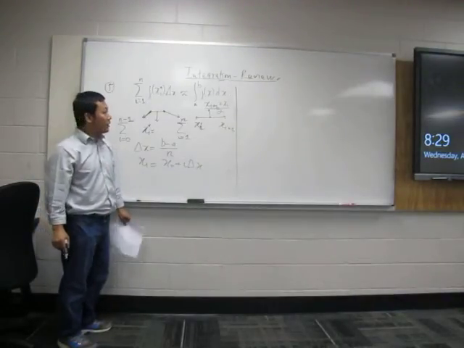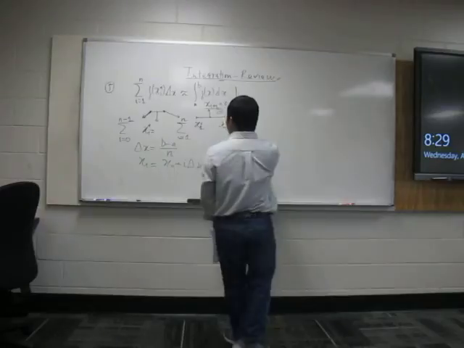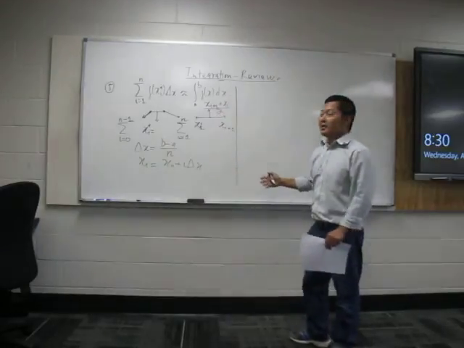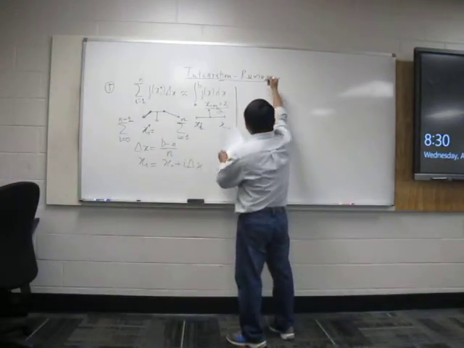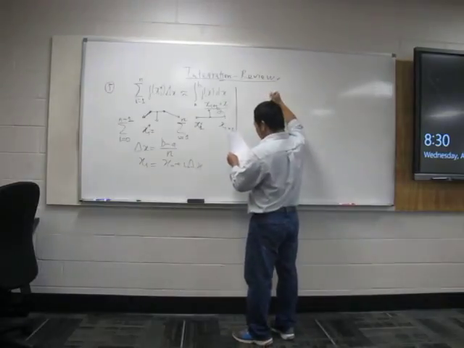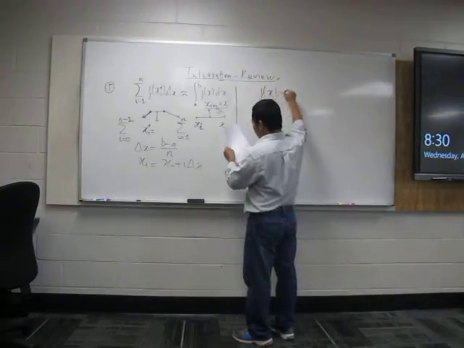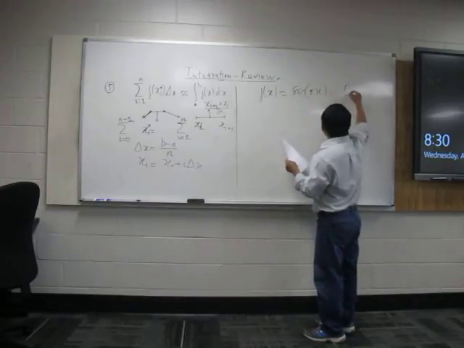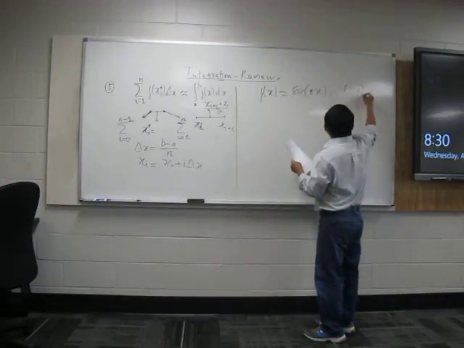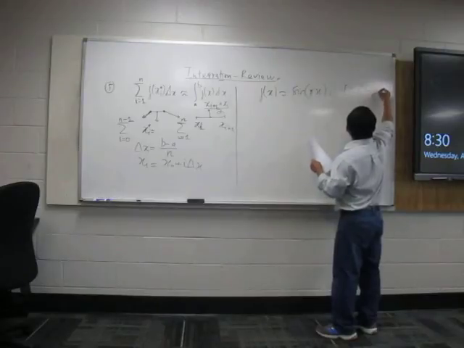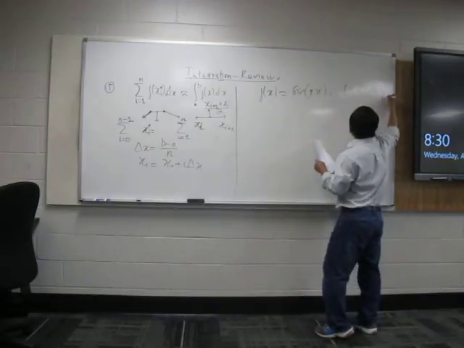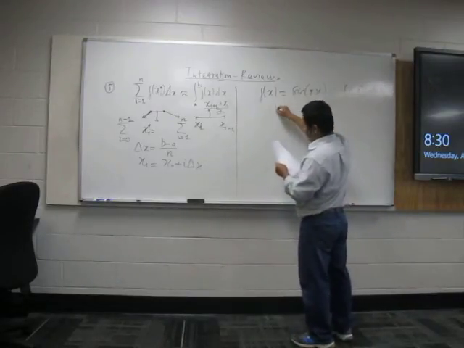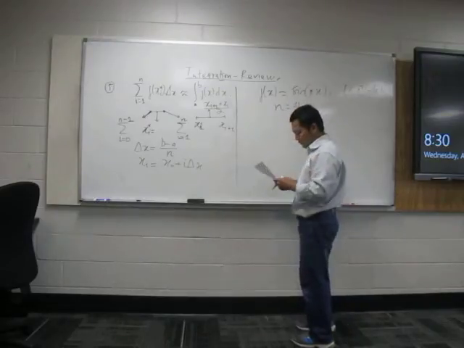That is all about the Riemann sum. Let me write the function here and we work together. The function is f of x equals sine of pi x, the interval a, b is 0, 1, and the number n is 4.